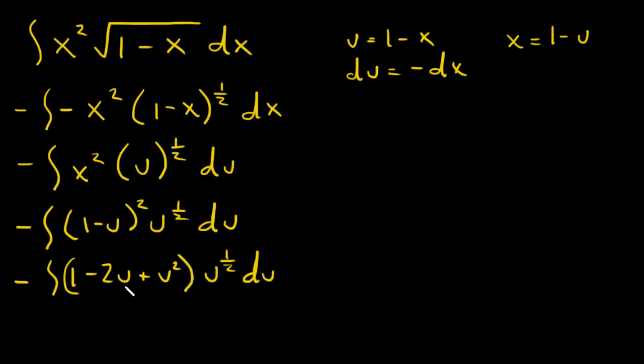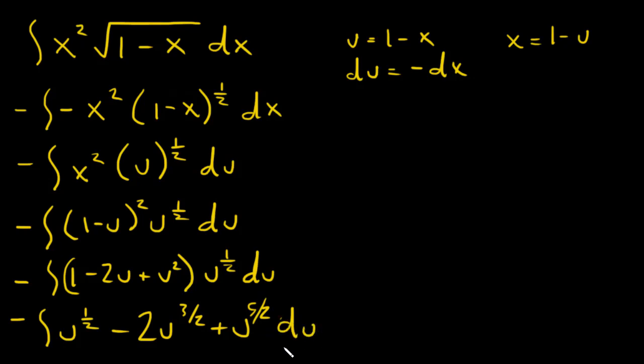And now I can distribute this u to the 1/2 through all these terms. Negative integral of, well, u to the 1/2 minus 2 u to the 3/2 plus u to the 5/2 du. Okay? Now I can do that integral.